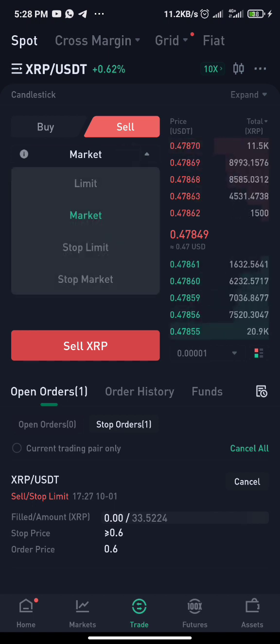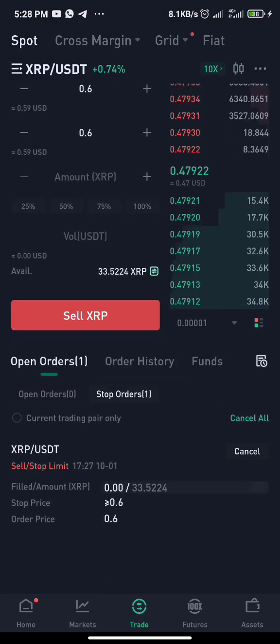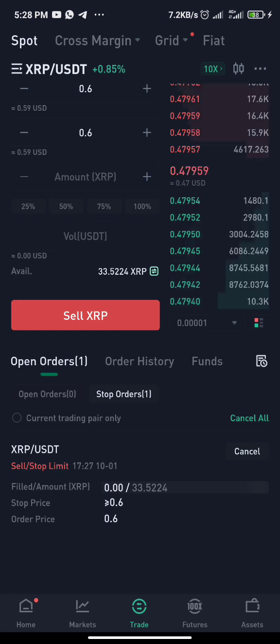With the function we have on KuCoin, you can only choose to set either take profit or stop loss. You set either of the two.